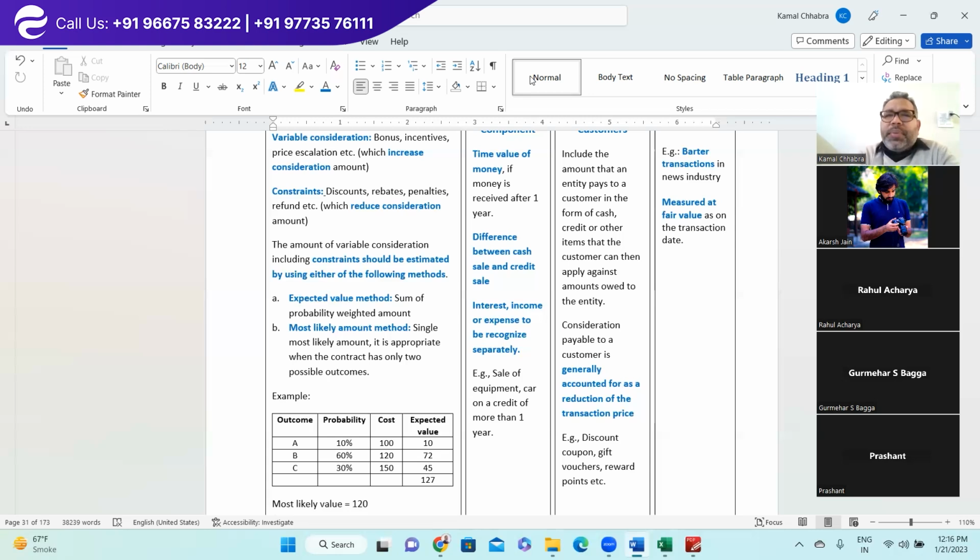That means, for example, how will you do the estimation? You are selling 1000 cars, out of which you estimate 600 people would take the extended warranty.